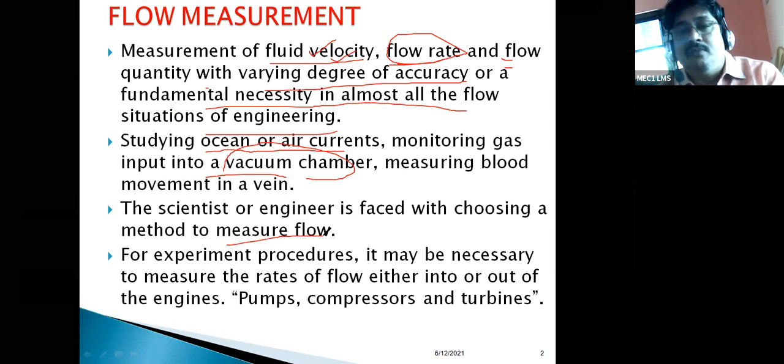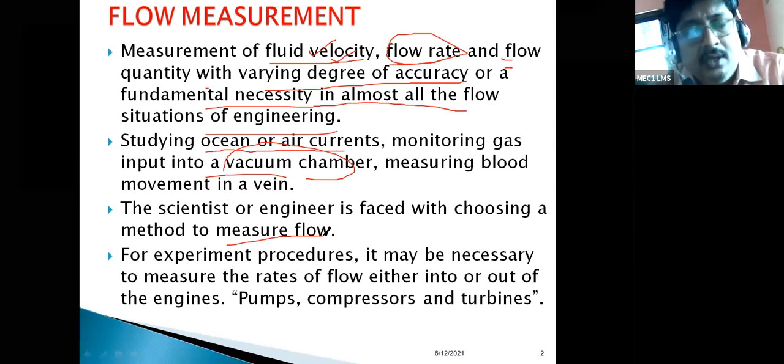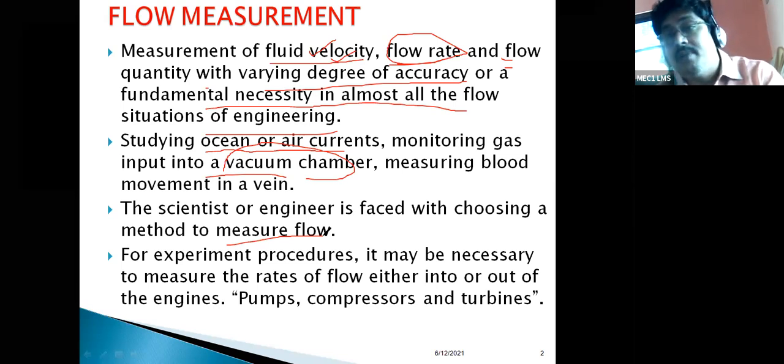For example, for some applications we have to go for a venturi meter, and for other applications some other device. In these flow measurement devices there are so many flow meters. On the other side, we can go for devices such as a rotameter, magnetic flow meter, ultrasonic flow meter, turbine flow meter, hot wire anemometer, and laser Doppler anemometer.